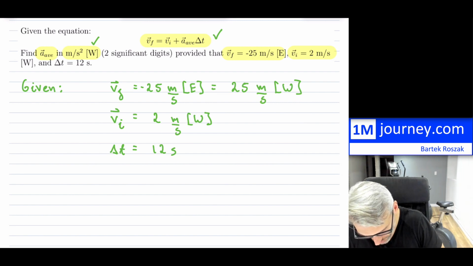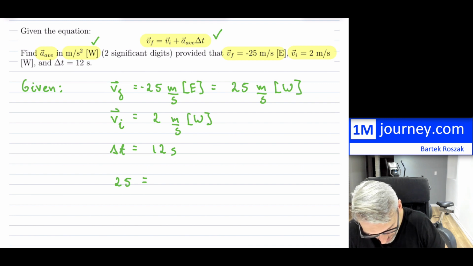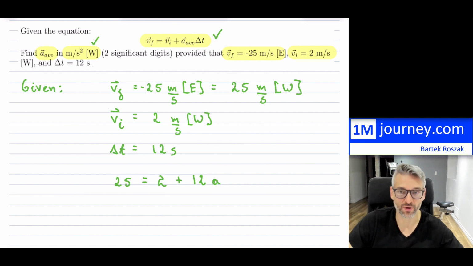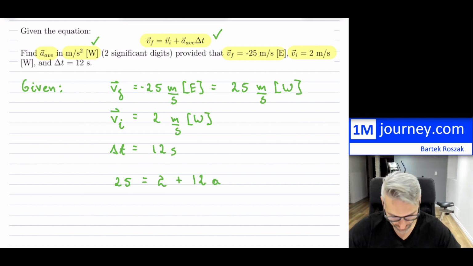Let's substitute all of this back in. So VF, that's 25, is equal to VI, which is 2, plus the acceleration times delta t, which is 12. We like to write the number first, and instead of writing the whole thing, I'm just going to write a little a for the acceleration.